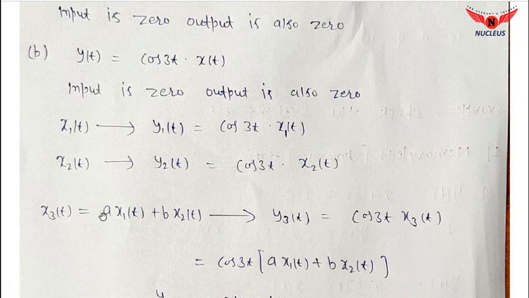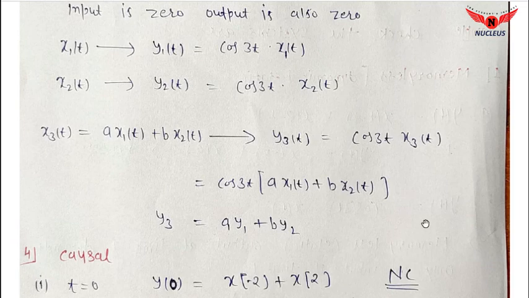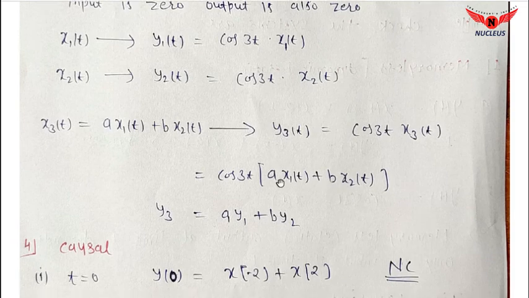So you can write x3(t) equal to a x1(t) plus b x2(t). This goes to the system and the corresponding output is y3(t) equal to cos 3t dot x3(t). So put the value of x3(t), you will get cos 3t [a x1(t) plus b x2(t)]. So this equation can be written in the form y3 equal to a y1 plus b y2. So the system is linear.